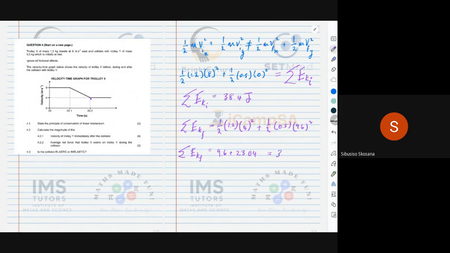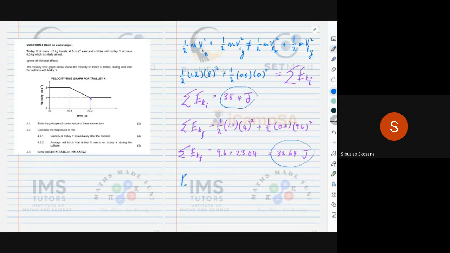So you see here we have our final answer for final as 32.64 joules. That means the energy has been lost, because compared to what we have here, it's no longer equal.